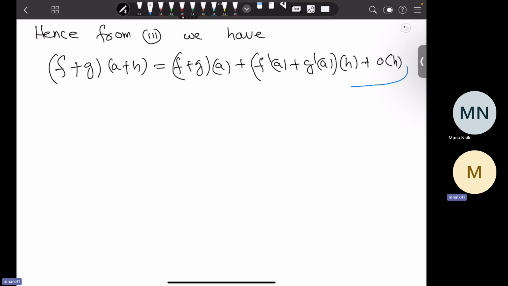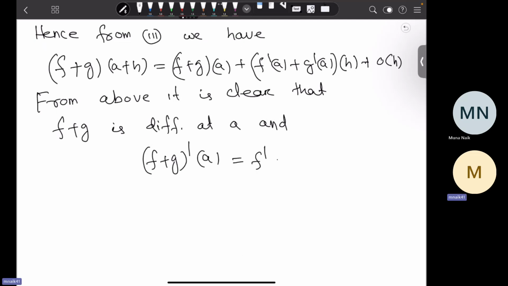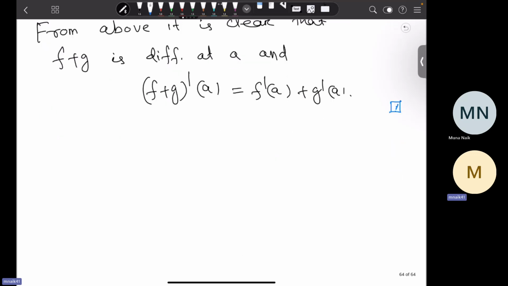Call this (3). Hence from (3), (f plus g)(a plus h) is nothing but (f plus g)(a) plus (f prime of a plus g prime of a) applied to h plus little o of h. So from the above it follows that f plus g is differentiable at a, and (f plus g) prime of a is equal to f prime of a plus g prime of a. This is what I wanted to prove.